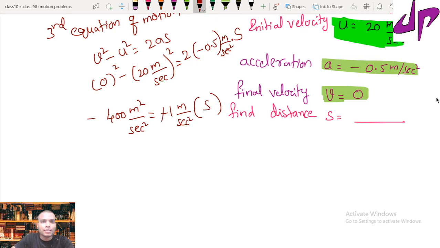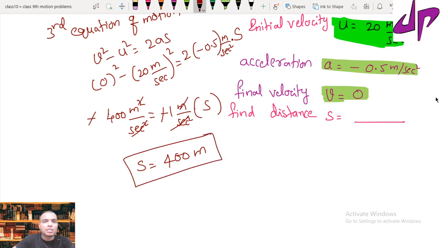Now you can cut: minus gets cancelled, the denominator second square gets cancelled, in meters 1 meter gets cancelled, the final value s equals 400 meter. So the distance covered by the train s equals 400 meter. So I can write that value: distance s equals 400 meter.